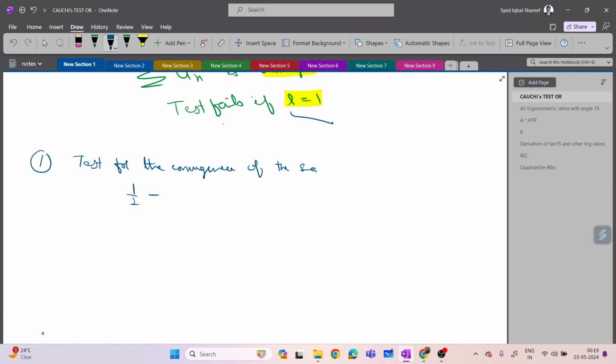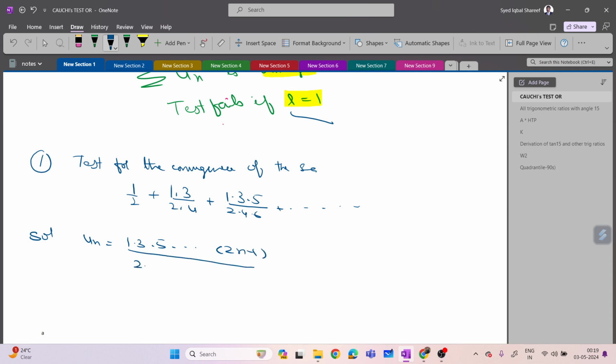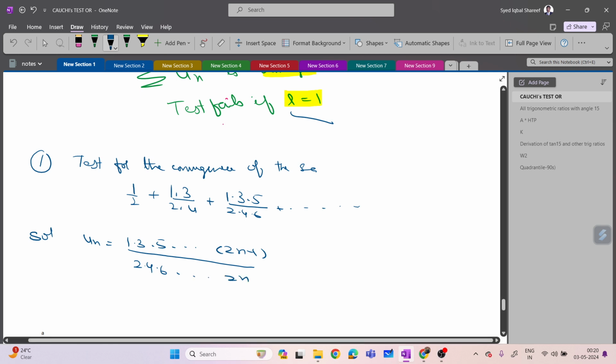So 1 by 2 plus 1 into 3 divided by 2.4, plus 1.3.5 divided by 2.4.6, and so on. So let un equal to 1.3.5 and so on up to 2n minus 1, divided by 2.4.6 and so on up to 2n.